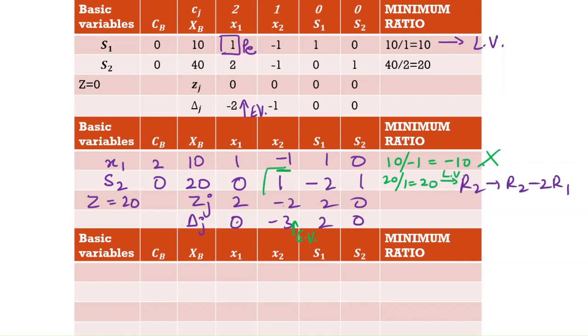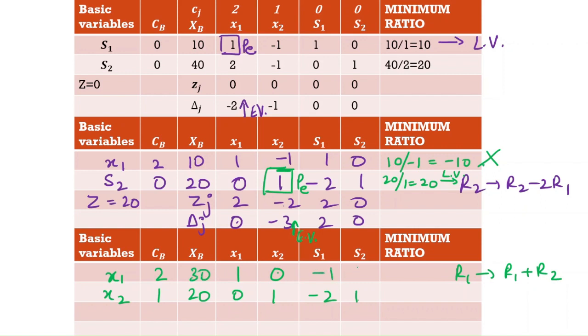So this becomes my pivot element, and as it is already 1, x2 will enter the basis, and row 2 would remain as it is, and in row 1 I'll just add them so that I can make it 0. So 10 plus 20 is 30, 1 minus 2 is minus 1, and 0 plus 1 is 1.